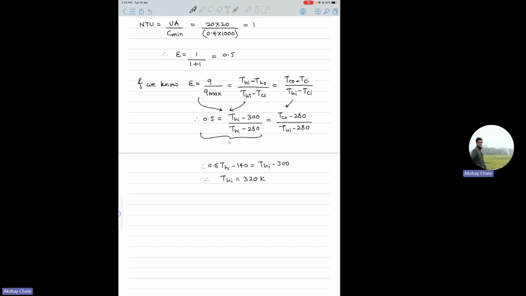Okay, and now you put this THI into this formula. Therefore you have 0.5 equal to TCO minus 280 divided by THI, 320 minus 280. So this is 40 into 0.5 is 20. Therefore your TCO is 300 Kelvin. And this is what is asked. Okay.